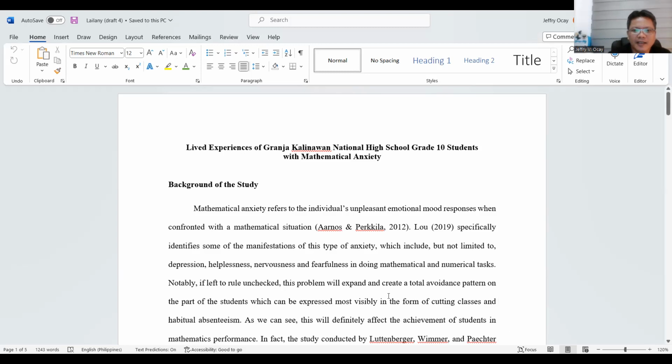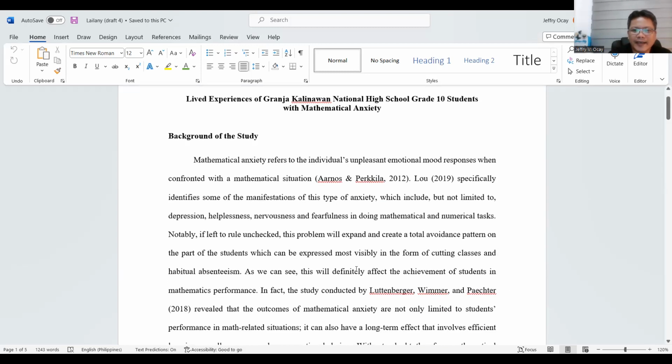Okay, so let's start. I will read now the head of the cut, or the opening paragraphs. Going back to the outline, what we will be presenting in the opening paragraph are the meaning and nature of mathematical anxiety.